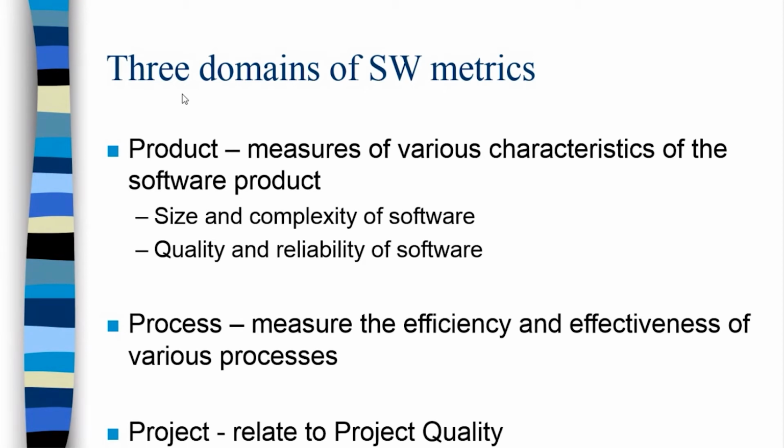Then there comes process metric. This process metric is used to quantify the characteristics of your software process. So we can say that to check the quality of your process, we can use this process measure. These are the metrics that are used to measure the effectiveness of your process.